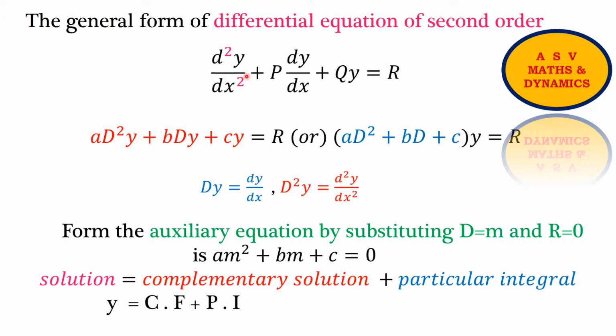It is a general form. It has a coefficient of dy by dx. It has a coefficient of y, but here there is no coefficient, only 1. The 1 is the coefficient of d squared y by dx squared, like this. The same structure you can write in this kind of form, and also you can take y common.